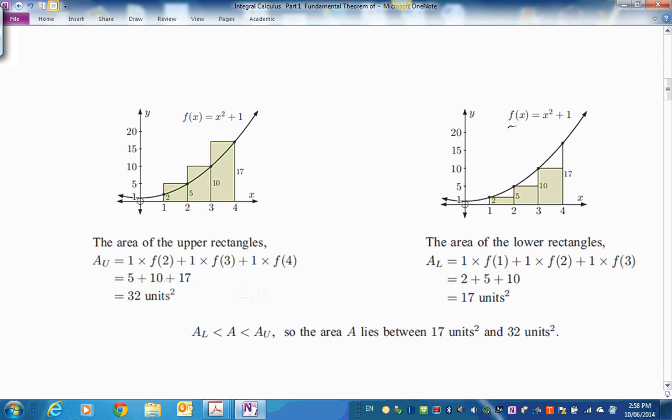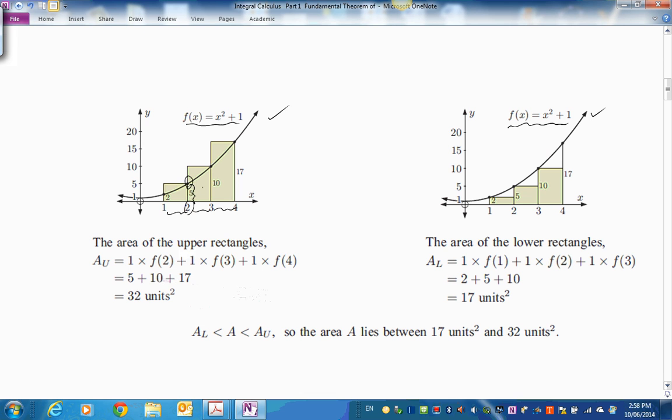So, if we take the function as x squared plus 1, this graph looks like this. And we're going to do two things to it. We're going to draw up rectangles between 1 and 2, 2 and 3, and 3 and 4. Those rectangles are going to be slightly taller than the curve. So we'll go to value 2, sub in 2 into the function, get a function value of 5.